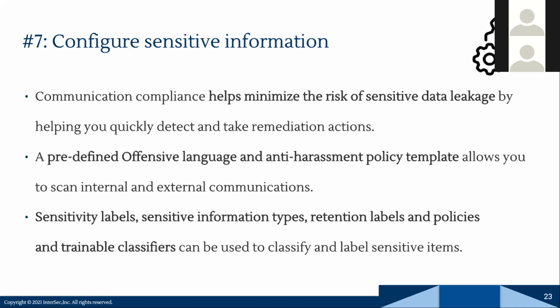These can be coupled with sensitivity labels, sensitive information type applications, retention labels and policies, and trainable classifiers to, again, heighten the sensitive information and how it's being configured and managed within your organization.